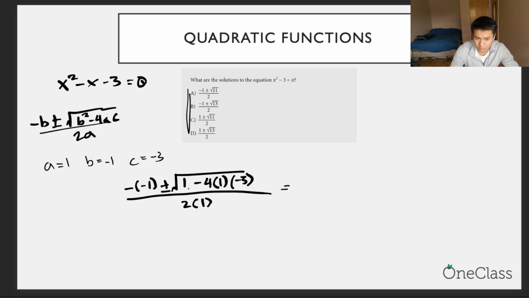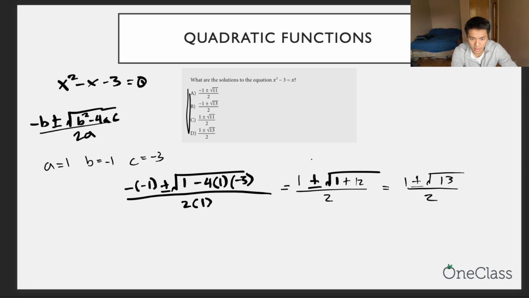Negative times negative 1 is positive 1, plus or minus the square root of 1. 4 times 1 is 4, times negative 3 is negative 12, minus negative 12 is plus 12, so 1 plus 12 is 13, divided by 2 times 1 is 2, and our final answer is 1 plus or minus the square root of 13 divided by 2.